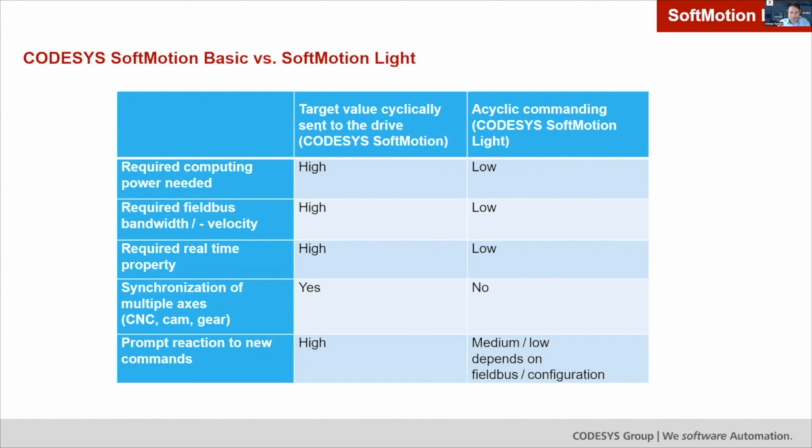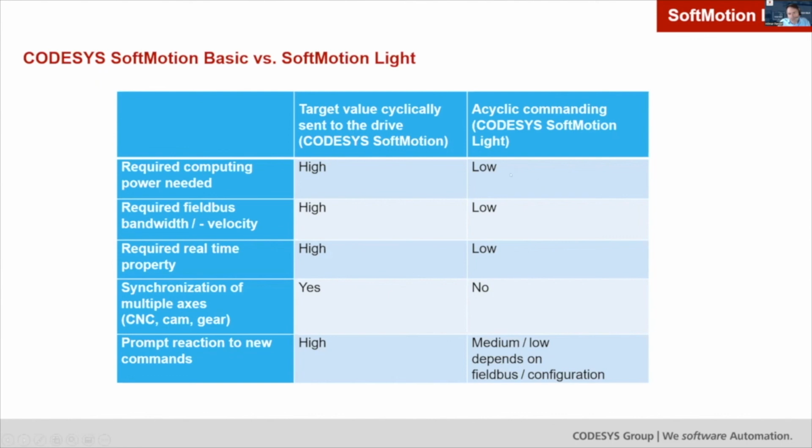And therefore, the CODESYS SoftMotion requires higher computing power on the PLC or the controller. It also needs more fieldbus bandwidth, and requires real-time properties of the system, whereas the SoftMotion Lite doesn't.